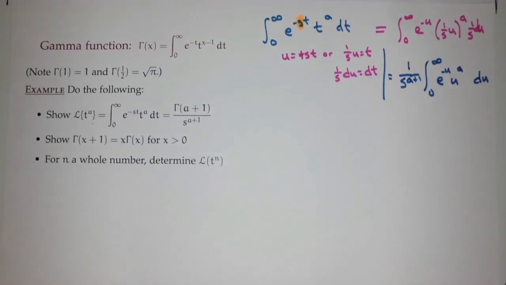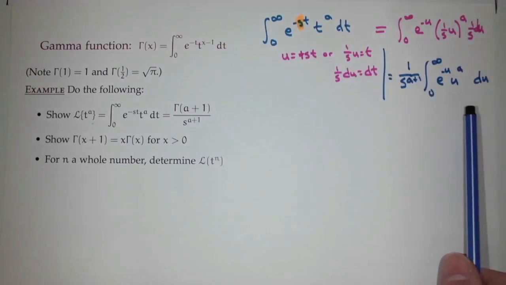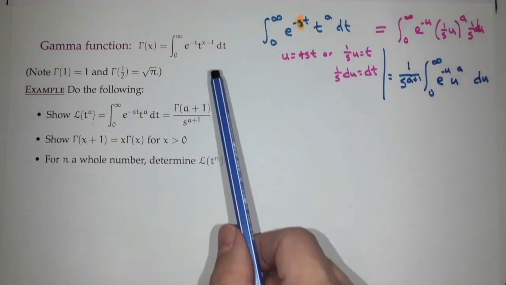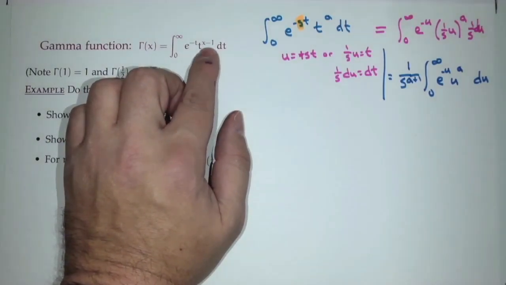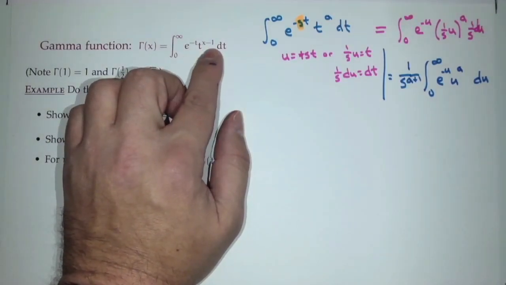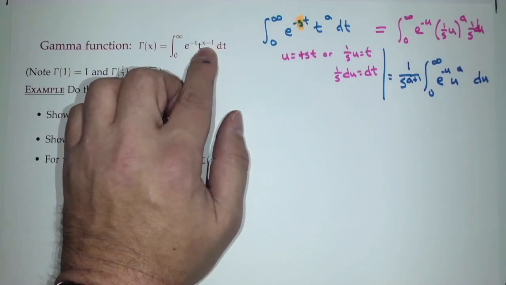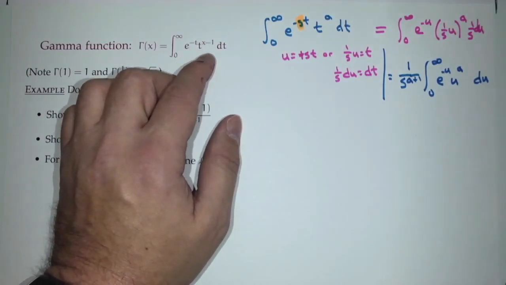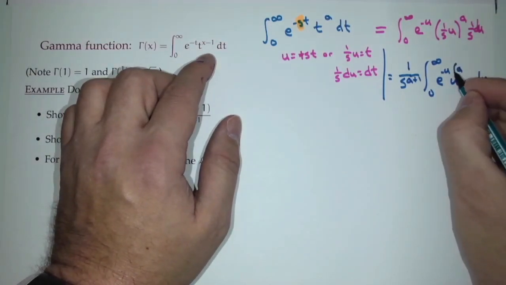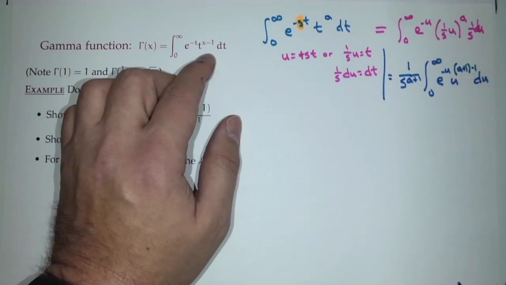Now, does this look like the gamma function? And if not, what part doesn't feel very gamma function-like? Yeah, the minus 1. Other than the minus 1, we're pretty happy, right? So here's the thing we can do. Check this out. It's called plus 1 minus 1.